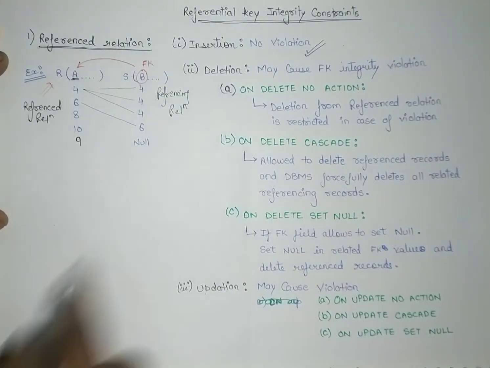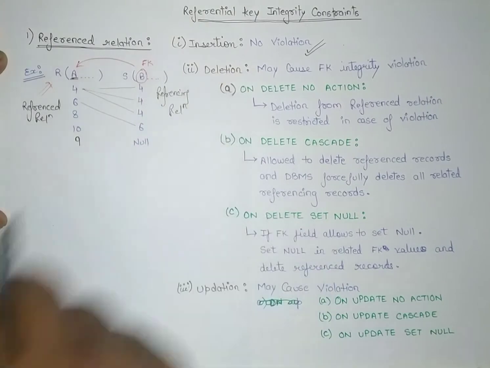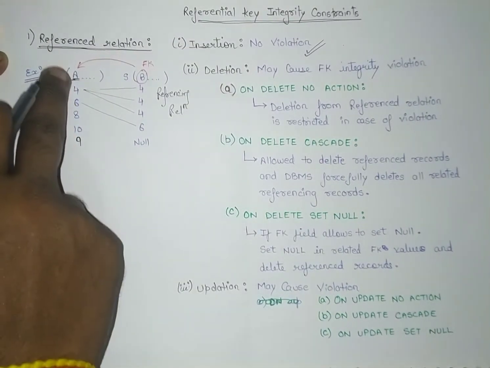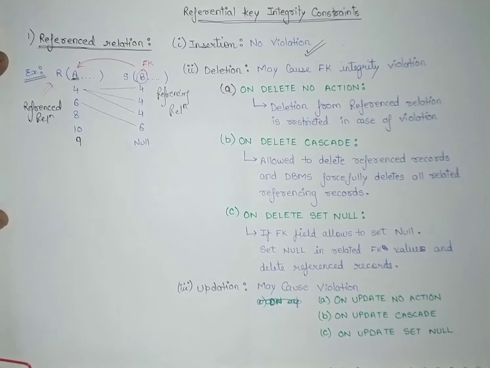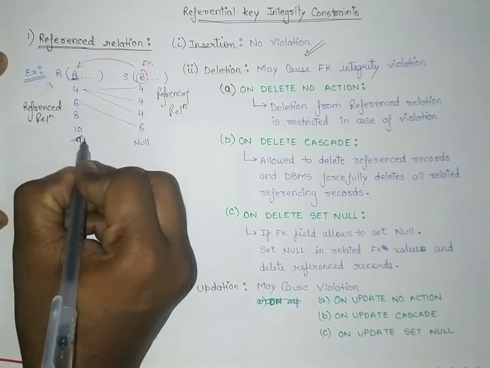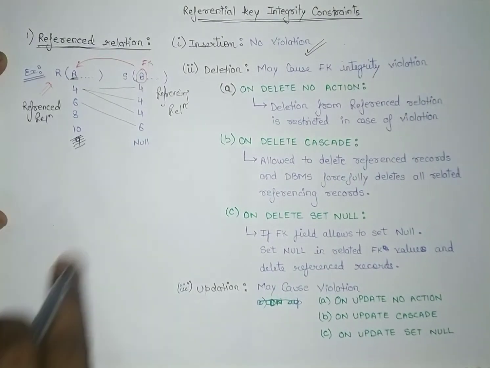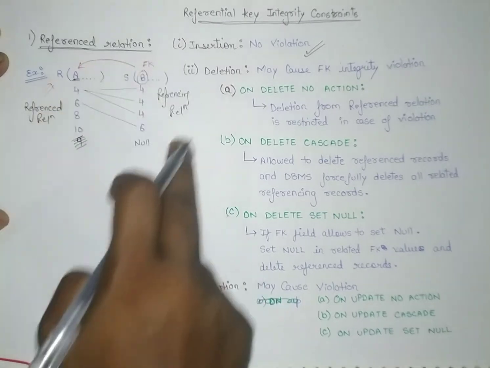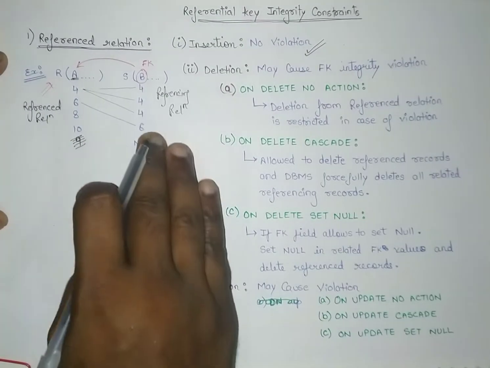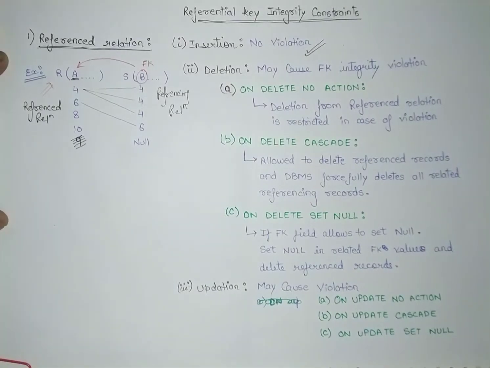Now the second thing is deletion. If I want to delete any of the values, then it may cause a violation or it may not. For example, if I want to delete 9, I deleted it. Will it cause any violation to the integrity constraint? No, because 9 has not been referred by the second relation, the referencing relation.